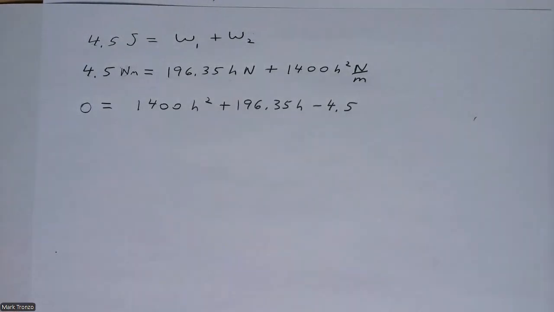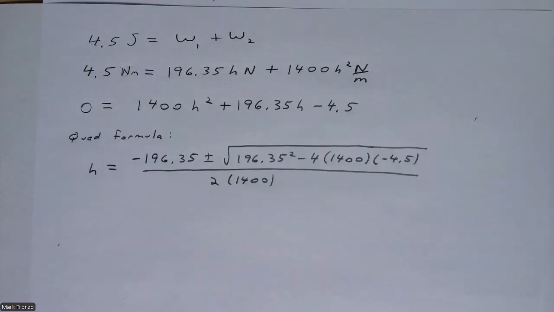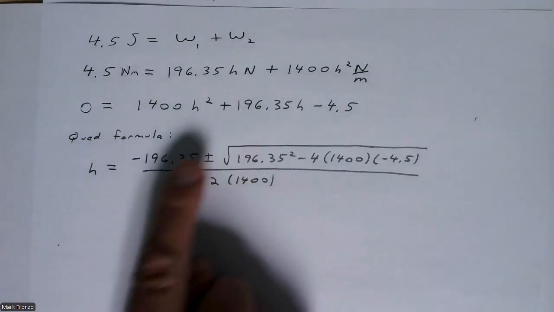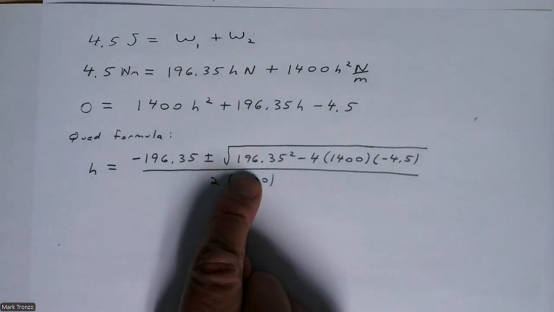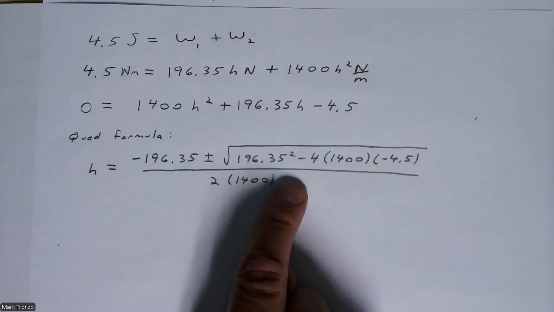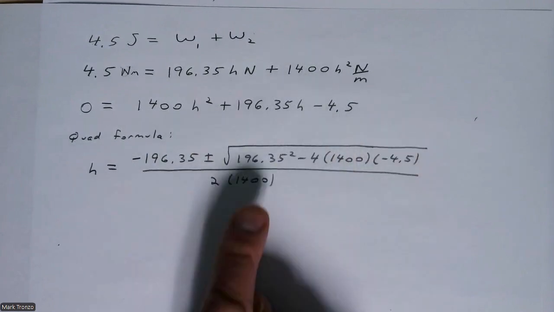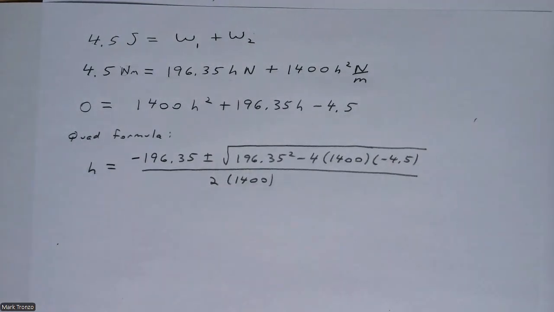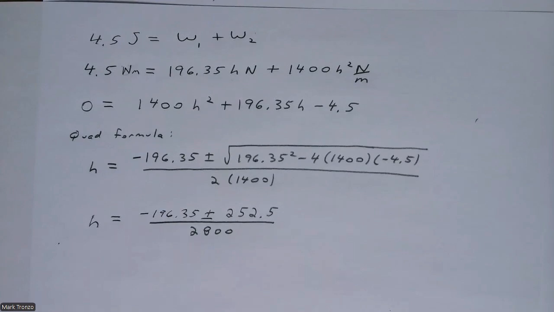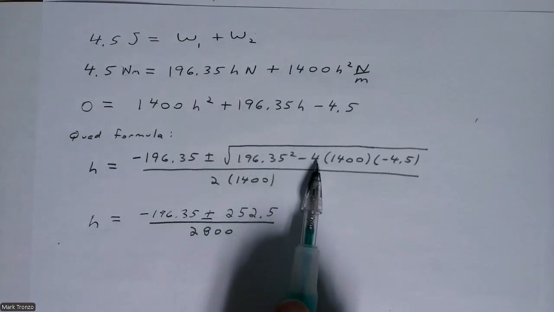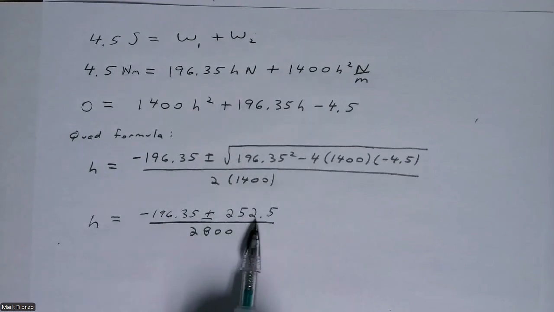So we can use the quadratic formula. Remember, the quadratic formula is negative b plus or minus the square root of b squared minus 4 times a times c, divided by 2a. So when you work out this square root here, this comes out to be 252.5.